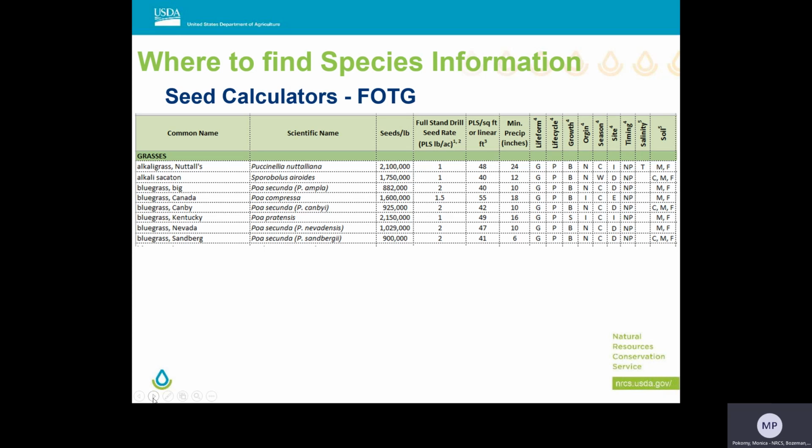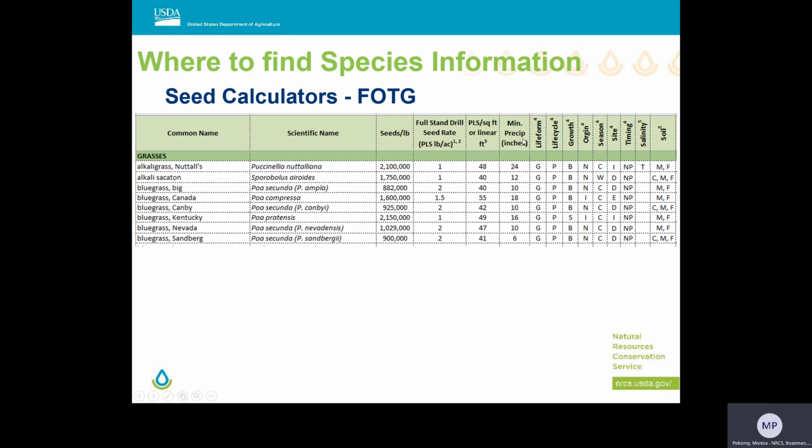Another resource we have available in Montana and Wyoming are our seed calculators, which are available through the conservation practices in Photog. When you go to those sites, you'll download the seed calculator, and on the data tab, you're going to find information listed by species.